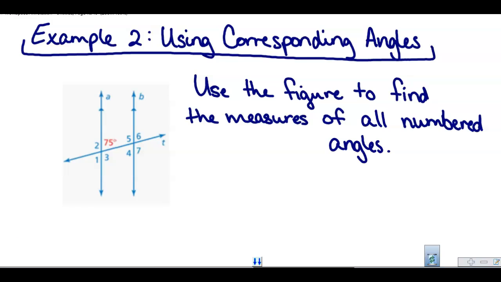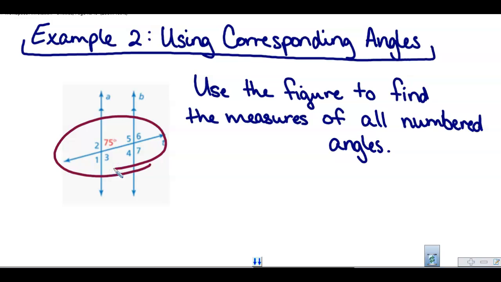Here's another example. Here we're going to focus on our newfound vocabulary. We're going to use angle relationships such as corresponding, alternate interior, alternate exterior, and we might even throw in some prior knowledge of vertical and supplementary angles. Our objective here is to use this figure and find the measures of all of the angles that appear.